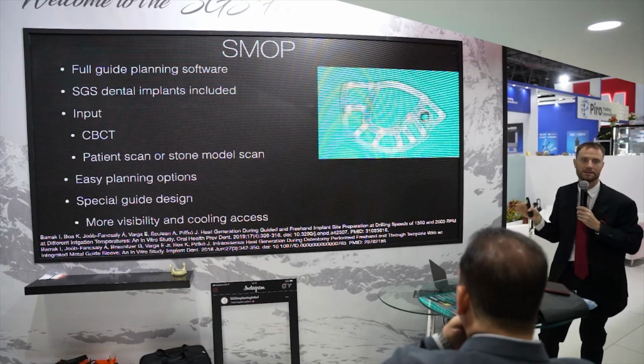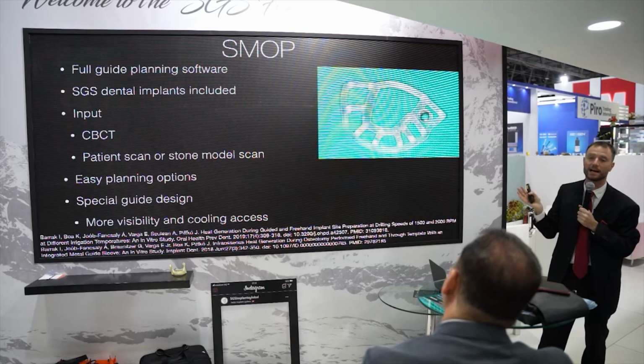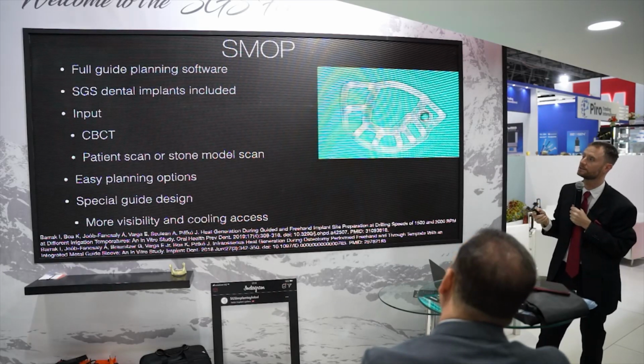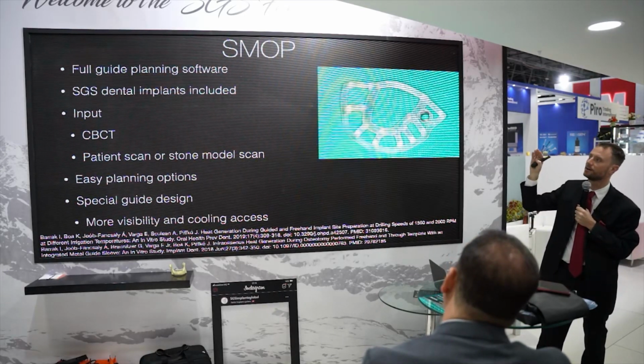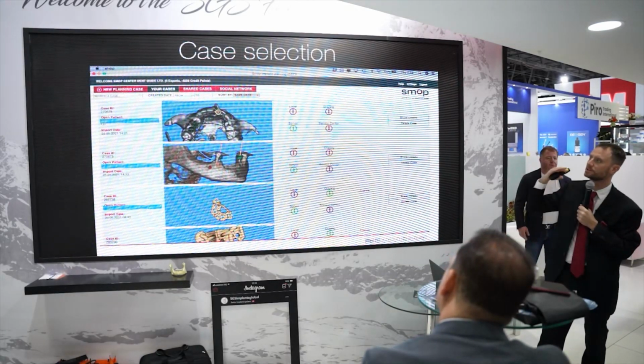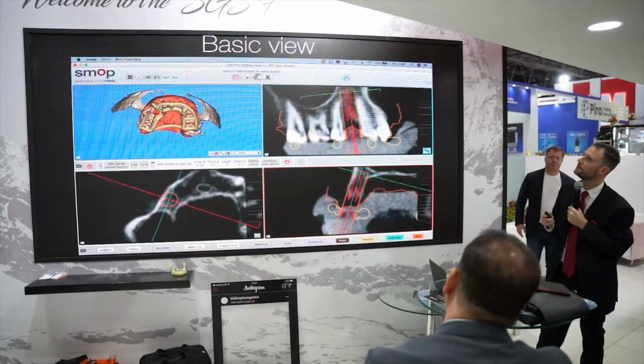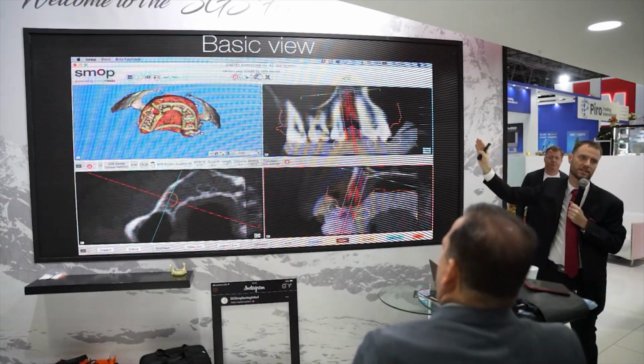This is another guide. I like to work with different systems. This is a SMOP guide. This is a fully guided software, so we're going to go full guidance. We have the whole system included. So it's very simple. You just get for the case selection. I will run through a bit. You have the three-dimensional visualization of the implant.